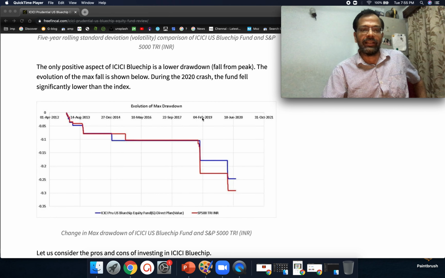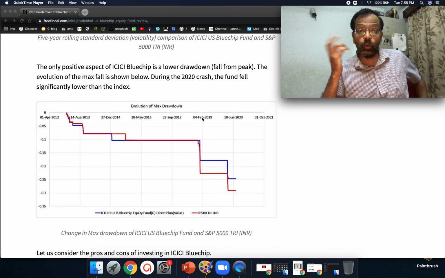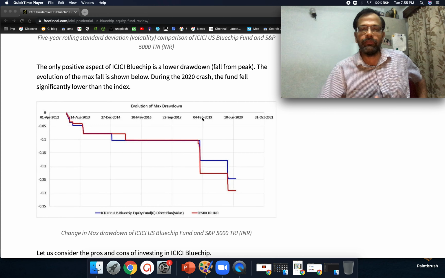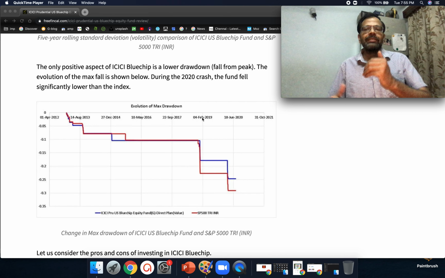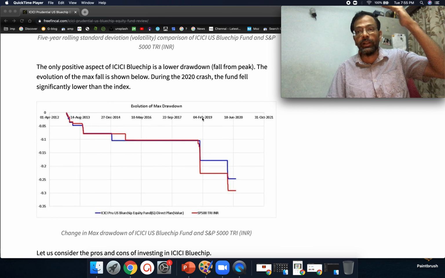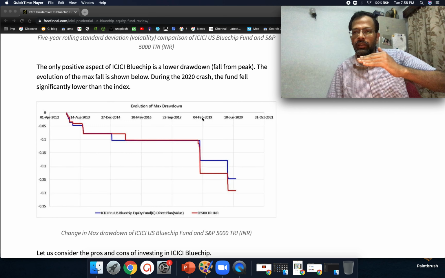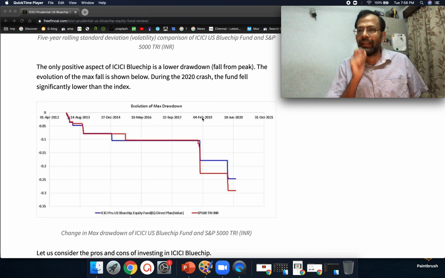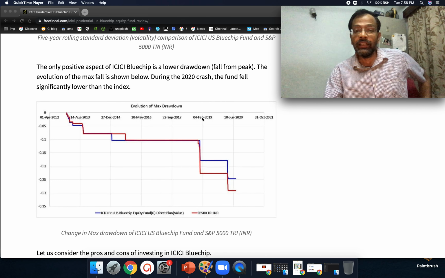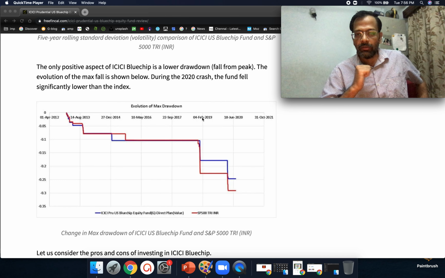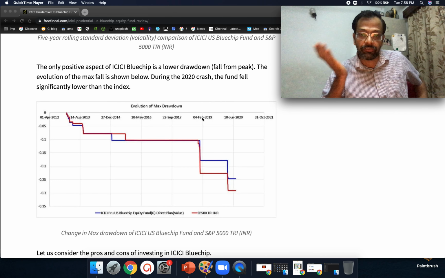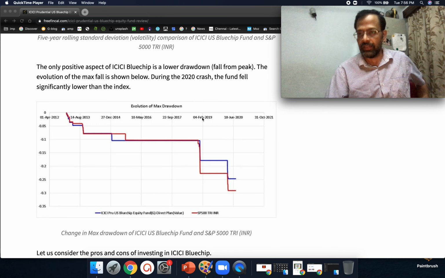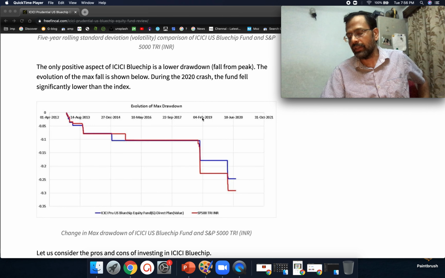The only thing that's good about the fund, in my opinion, is the maximum drawdown, which is the maximum fall of the portfolio from a peak at any given point. If you look at that in 2020, the maximum drawdown for the S&P INR index has been significantly higher than for this ICICI fund.